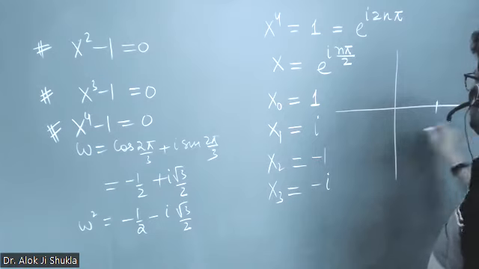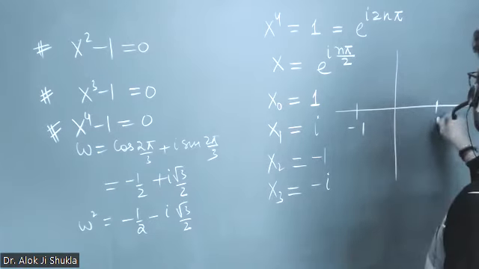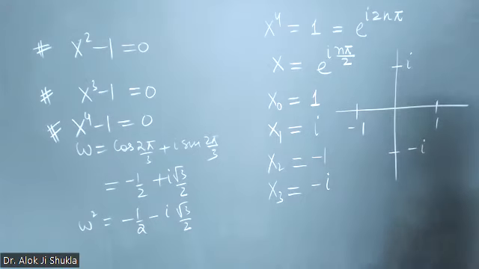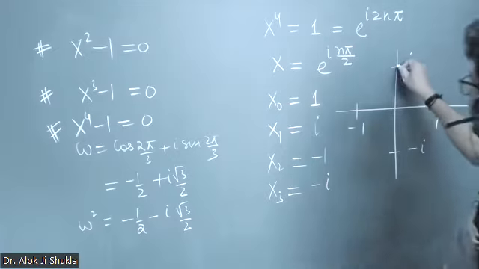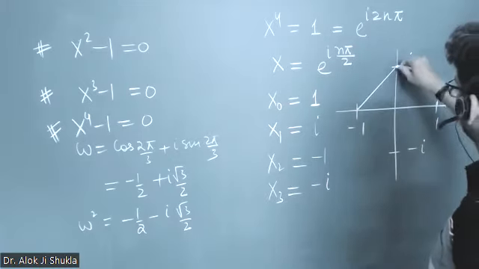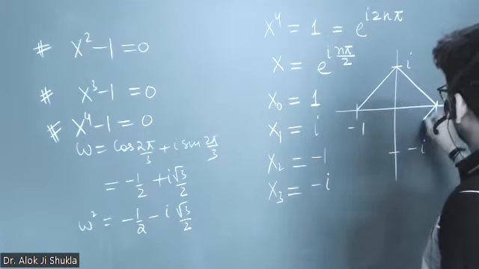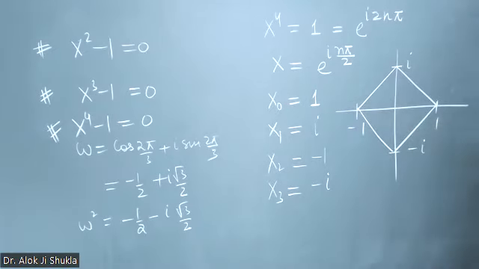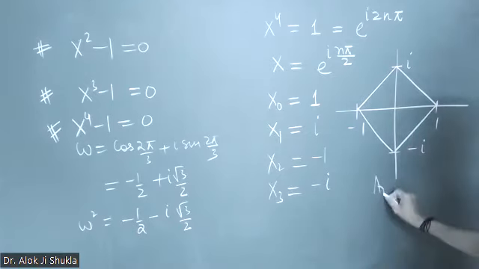It will be like this: minus 1, 1, iota, minus iota. So it will be this, this, this, and this on the Argand plane.